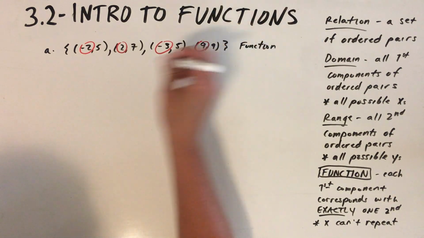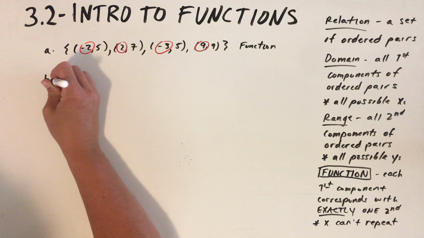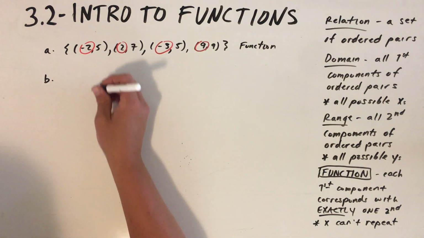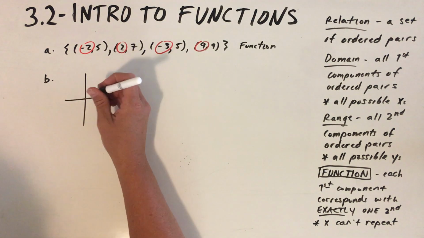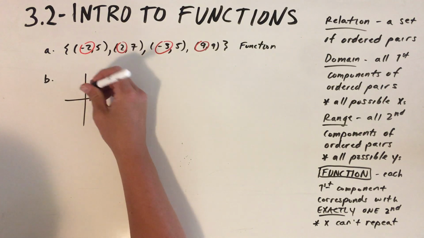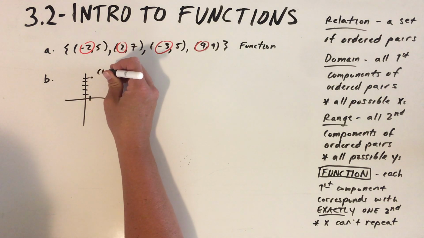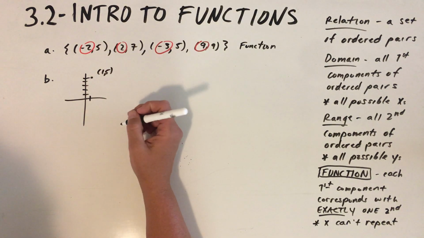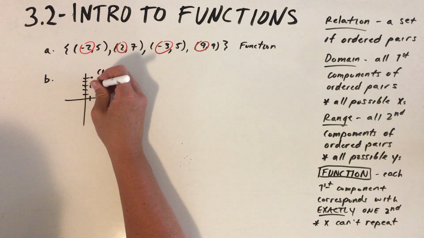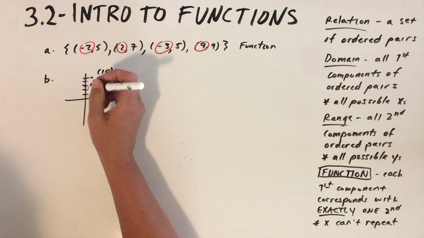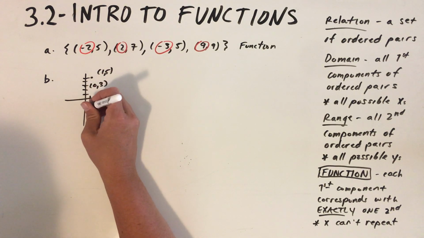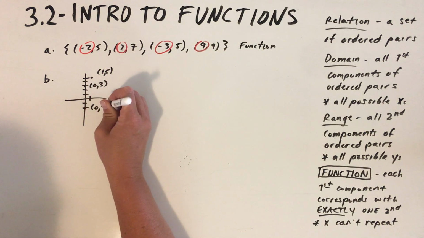Okay. Well, what about the B example? The B example has ordered pairs of 1, 5. This point right here, 1, 5. It has the point 0, 3. It has the point 0, -2.